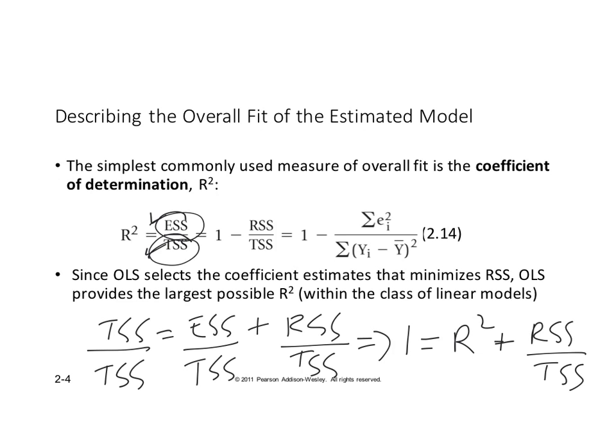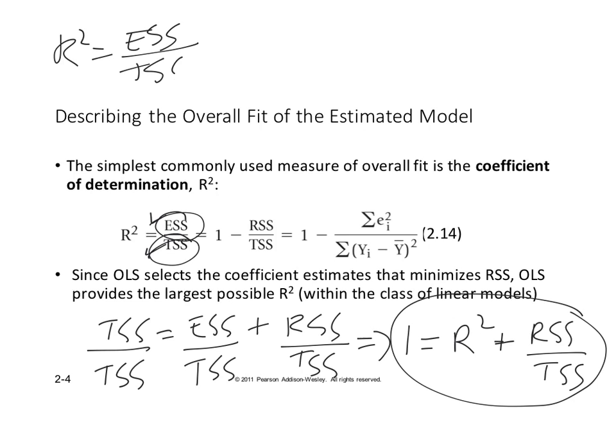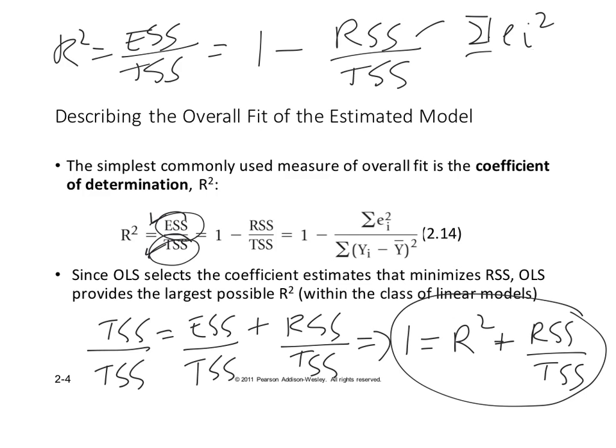Well, we can now rewrite R squared in a second way. So R squared is ESS over TSS, but it's also 1 minus RSS over TSS. And don't forget what those are. This RSS is the sum of the ei squared, and the TSS is the sum of the yi minus y bar squared.